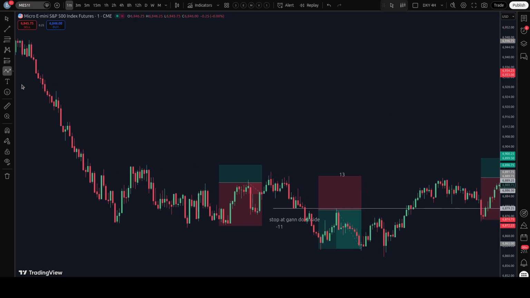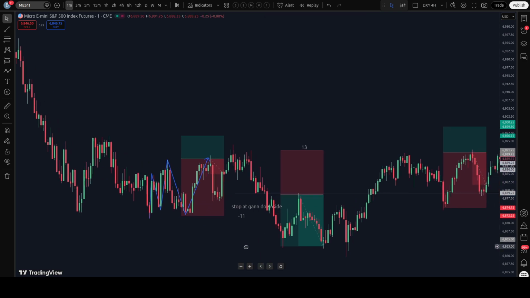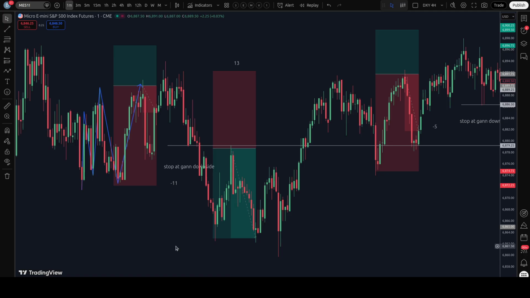Here is a loss, it looks like. We have another stop right here, which means you save about 1/3 of the stop loss for 11 points. And you can take this trade down for a 13-point winner.